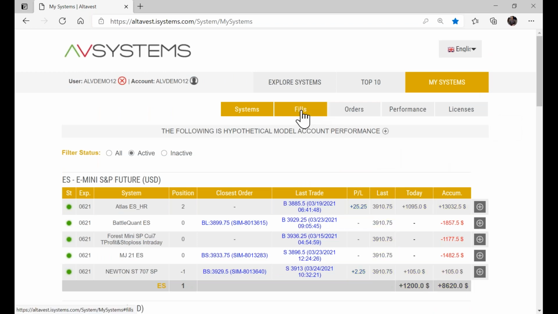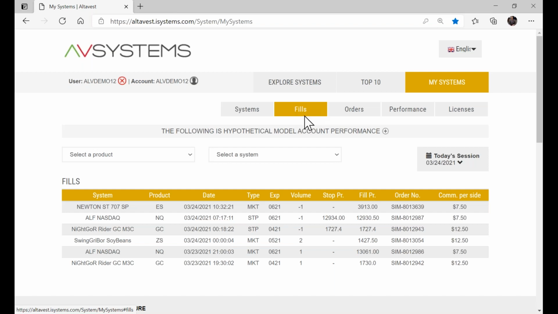And you can look here, everything again, I want to point out, is fully visible, so you can see all the fills in all your systems, telling you the type of order that you used, a market or a stop or a limit. You can see the fill price. So you can see any orders that are in place.